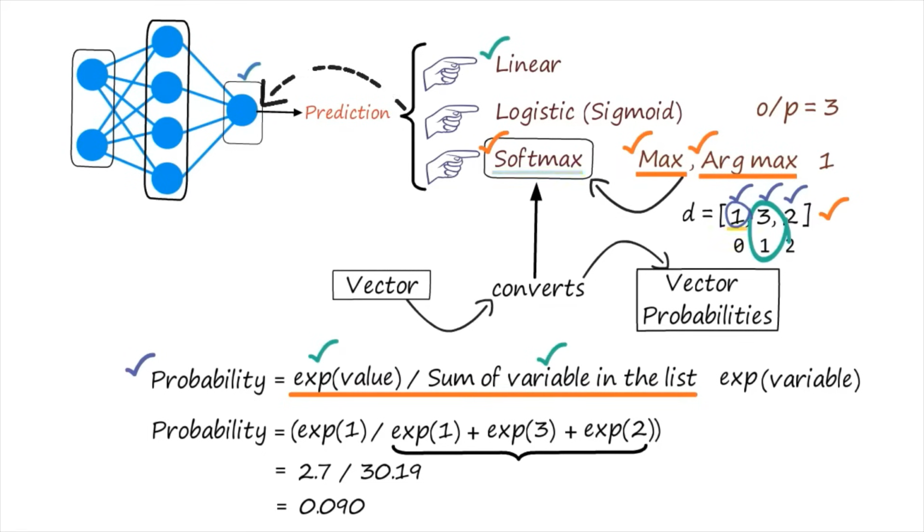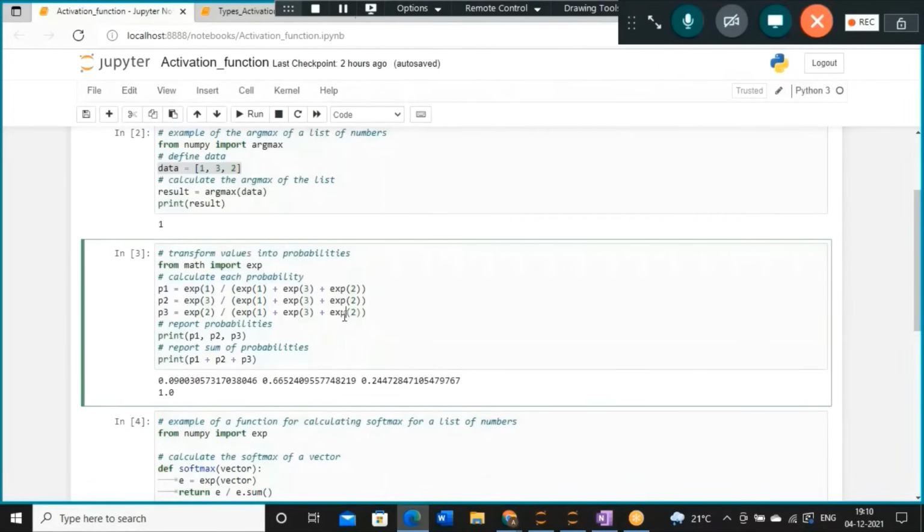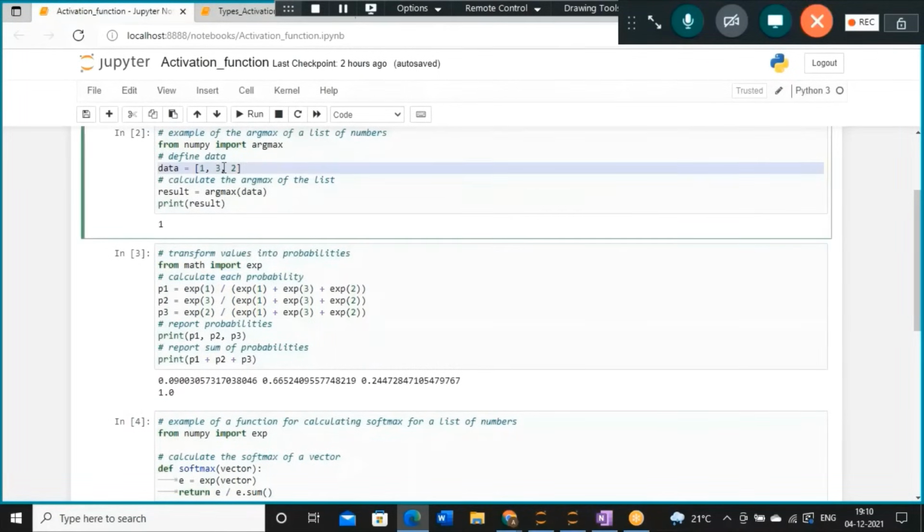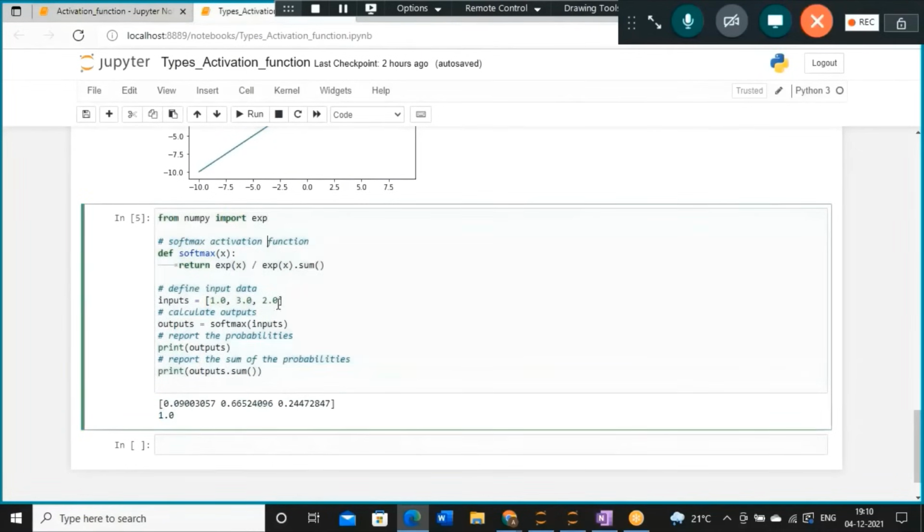Now see, whenever you have 1, the probabilistic output is this one. I have already given you this. So whenever you have 1 over here, what is the output here? See, it is 0.090, and now you can understand where this value is coming from.